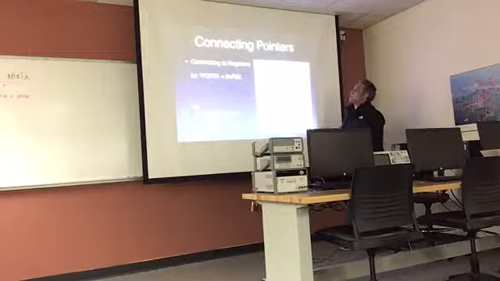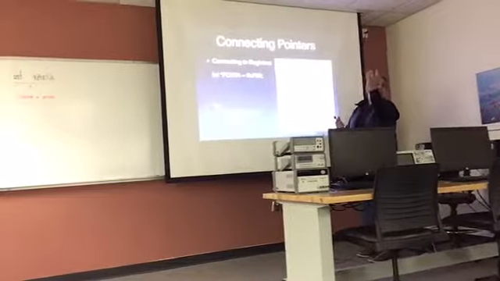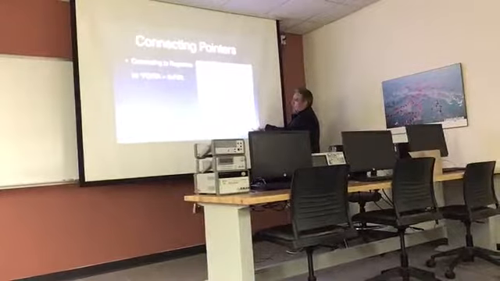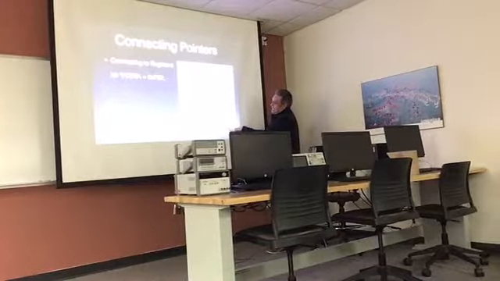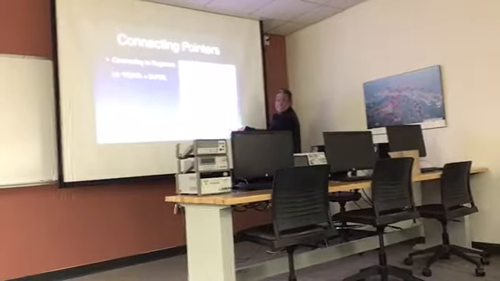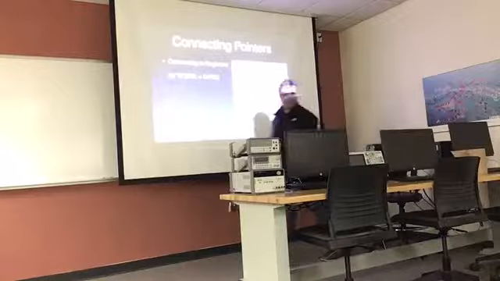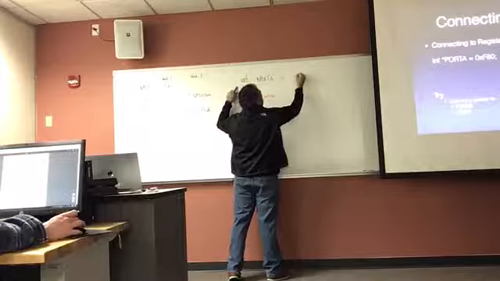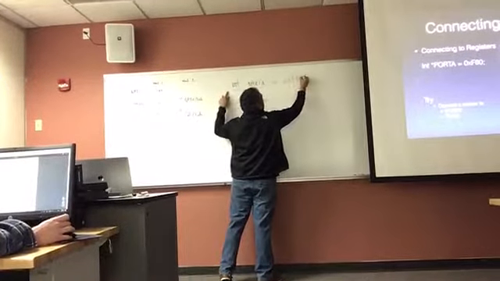So if I want to gain software access to the circuit called port A, we're going to take the address F80 hexadecimal and connect it to the pointer. So we go equal hexadecimal F80.